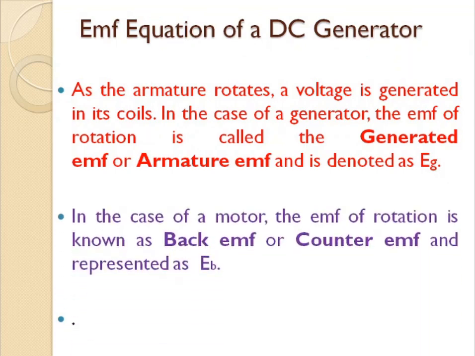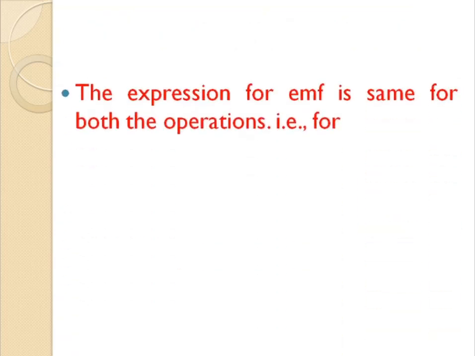In case of the motor, when the DC machine is working as a motor, the EMF generated due to rotation is called back EMF or counter EMF, and in this case the EMF is denoted by EB, that is back EMF. The expression of EMF in case of a DC motor and DC generator are the same.